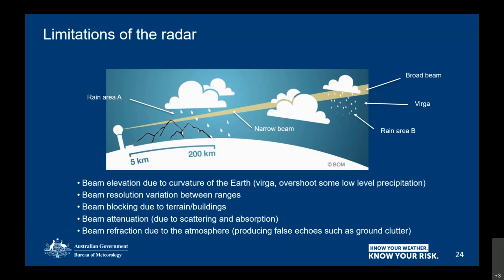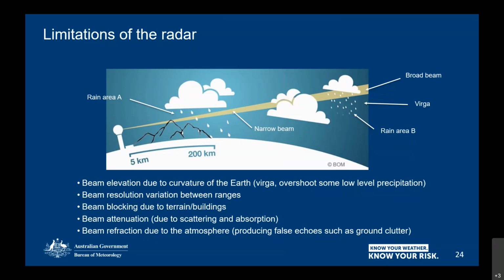As you can imagine, a beam that goes out is going to spread out in the horizontal and the vertical. So it just means that the detail, I guess, that we're seeing at long ranges might be a little bit more washed out compared to some of the targets that are closer to the radar.